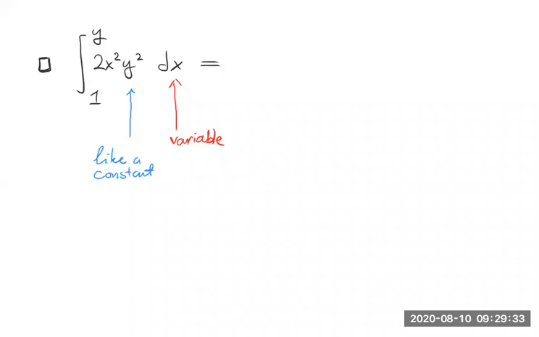So it comes out of integral. It would be y squared integral of 2x squared dx from 1 to y. Also, 2 itself is a constant, so 2 comes out of integral. Now I have integral of x squared dx. So I would get x cubed over 3 plus a constant.